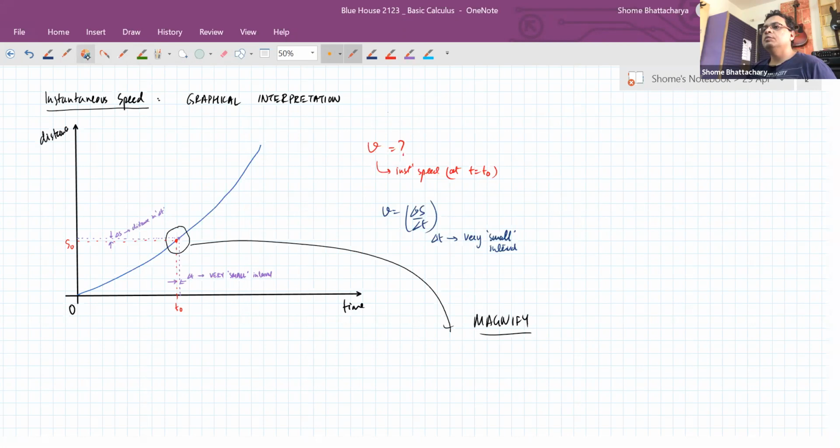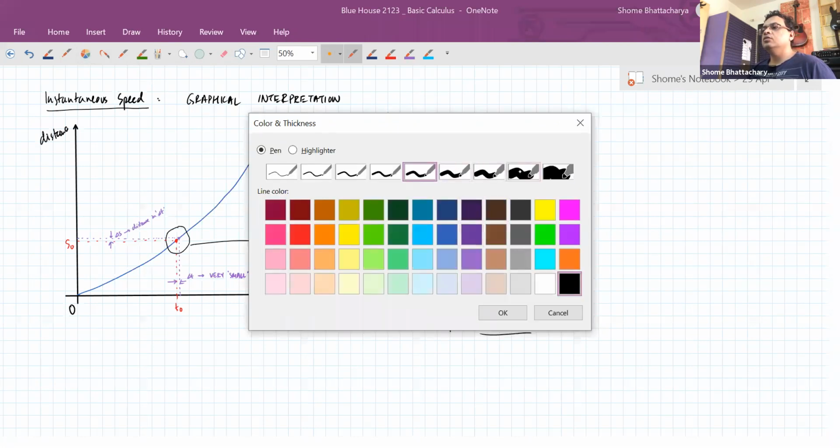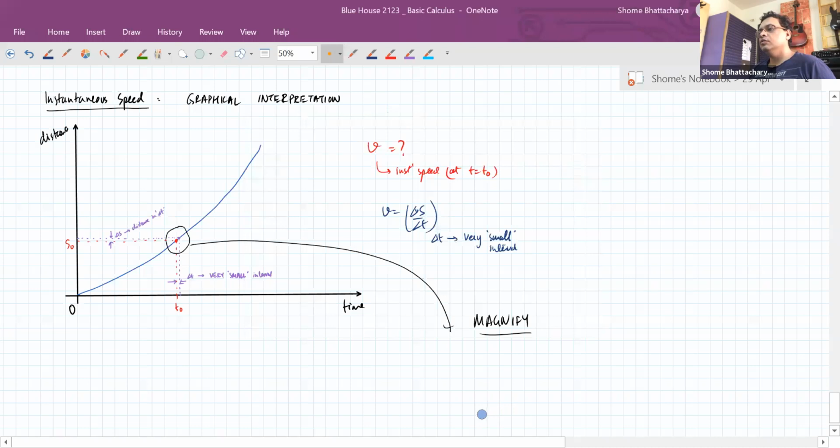Okay. So when we magnify it, let's say concentrating on that particular point at t naught, okay, the graph at that point is like this. So this particular point of time is t naught, and next to that, this particular point of time is such that this time interval is delta t.